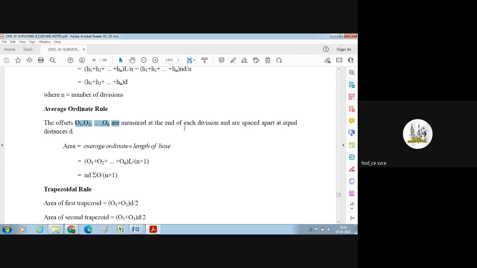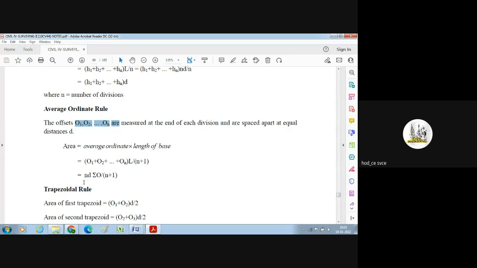Then the formula is O1 to ON multiplied with L. Here we have used divided by N, but there are N plus 1 terms.